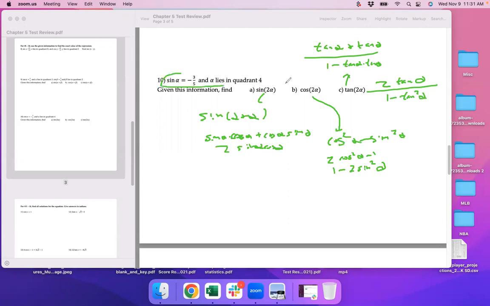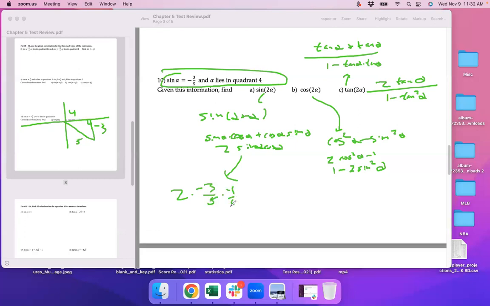Now, you do have this, and it's in quadrant 4. Here's Q4, -3, 5, and 4. Tangent alpha, that's obviously going to be -3/4. Sorry, let's do this one. Sine alpha, which I know is -3/5. Cosine alpha, which I know is 4/5.